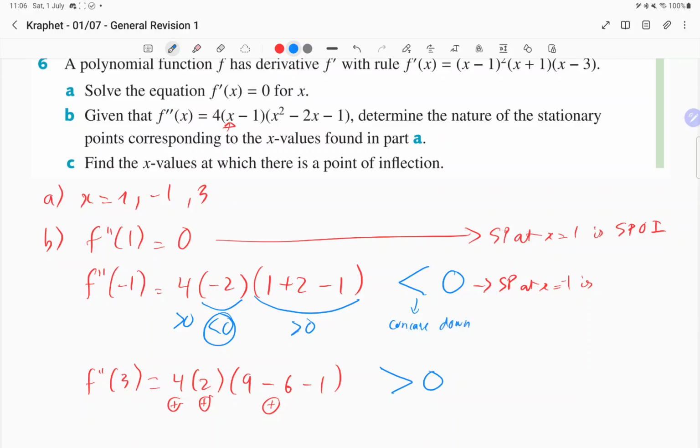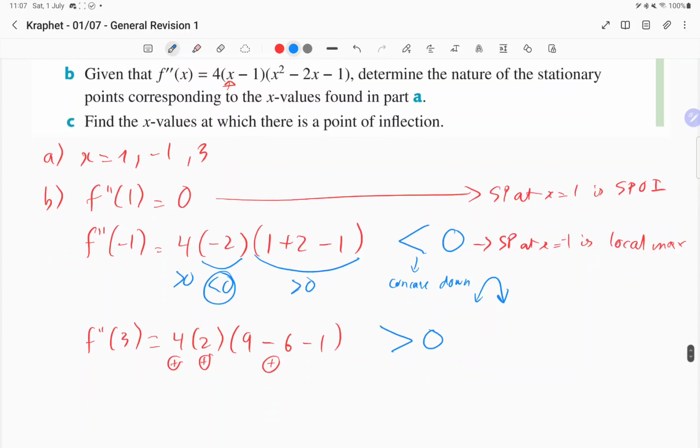Concave down means it should somewhat look like that. Therefore, it is a local max. Then the next one, more than 0 means concave up. Therefore, the stationary point at x equals 3 is a local minimum.